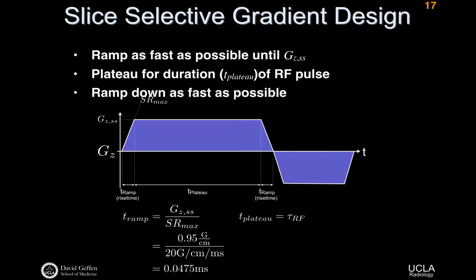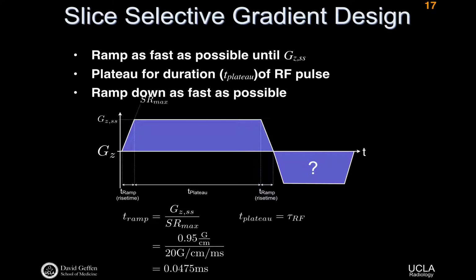Oftentimes we can ramp to full gradient strength in under a millisecond, or well, almost certainly under 5 milliseconds, even, depending on the specific hardware that you have in your system. And so that defines the ramp time itself, and then you have the plateau time, and then of course you have to ramp back down. So now you have everything you need to know for designing that trapezoidal gradient that's used during the actual slice selection process.